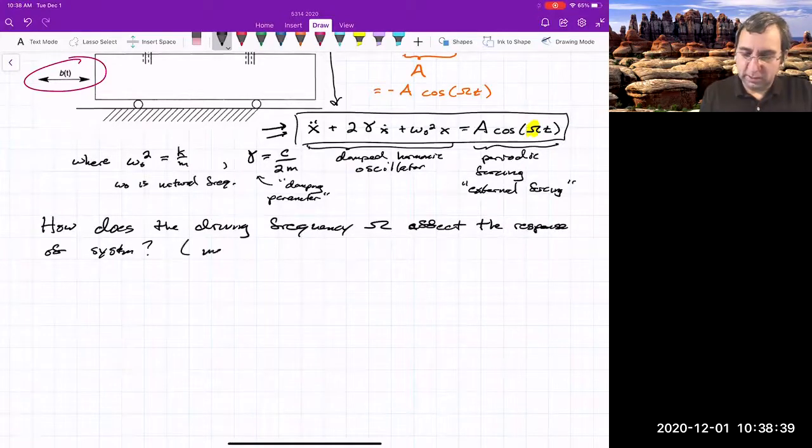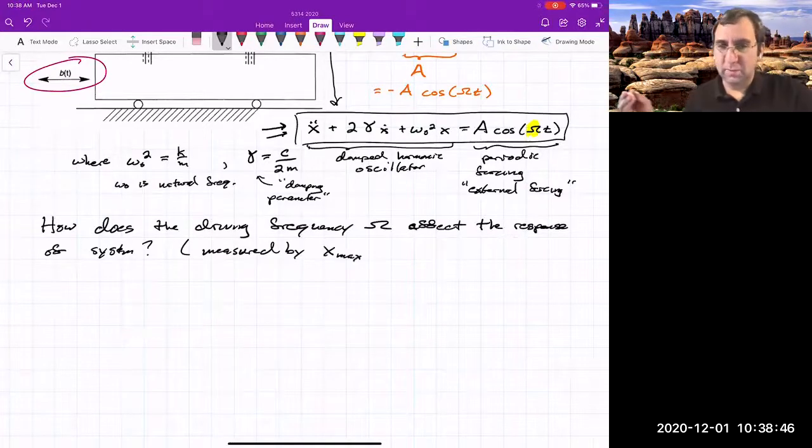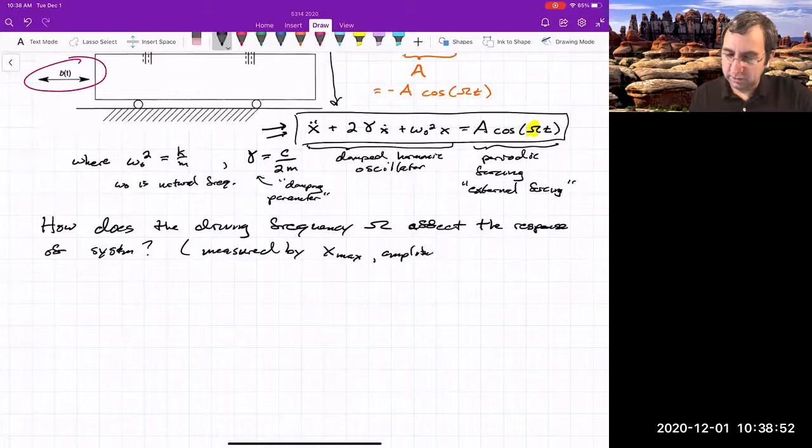We'll measure it by the maximum amplitude of x, so the amplitude of the x motion.